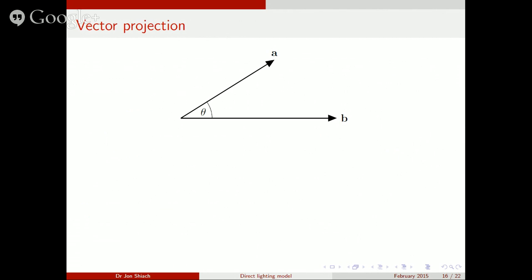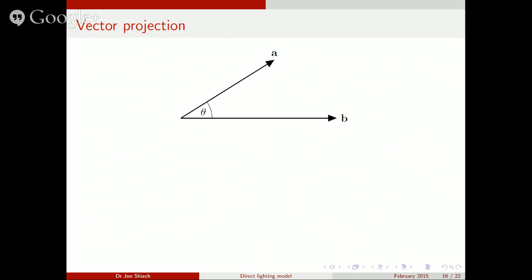Okay, how do we calculate that reflected vector R? Specular reflection needs that vector R, because that's the vector that's being bounced back from the lighting vector. And what we do is we use something called vector projection, and I'll explain what that is now. So here I have two vectors, A and B, and theta is the angle between them.